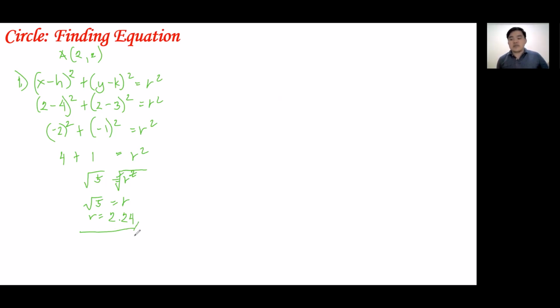Okay, so we have already now our radius, so therefore, we're going to substitute everything. So the result here now for our step number 5 is substitution. So we have the equation x minus h squared plus y minus k squared is equal to r squared.